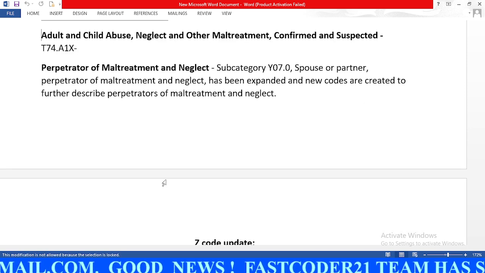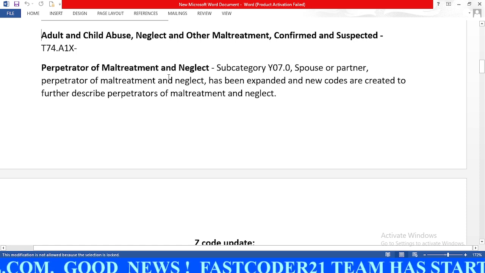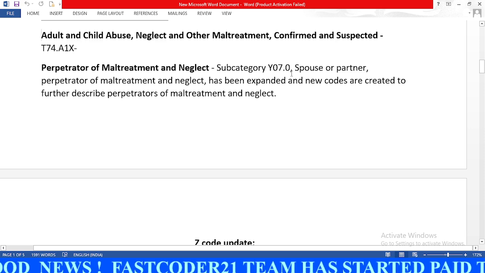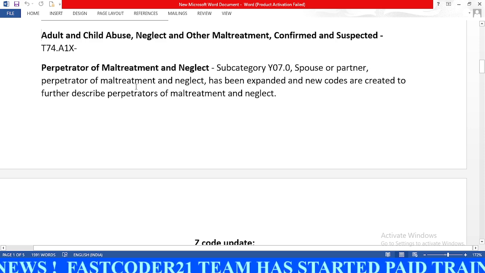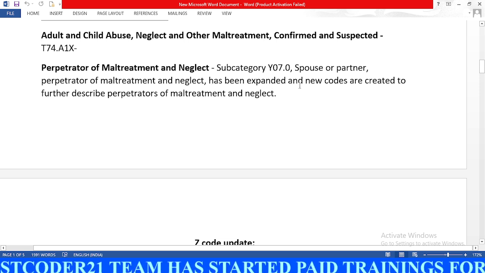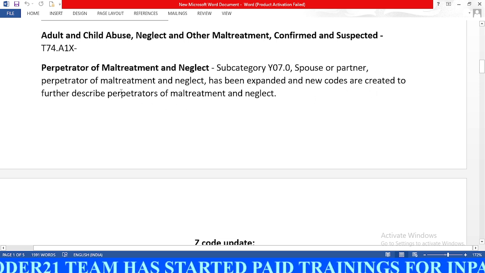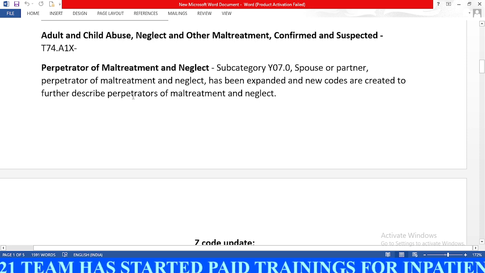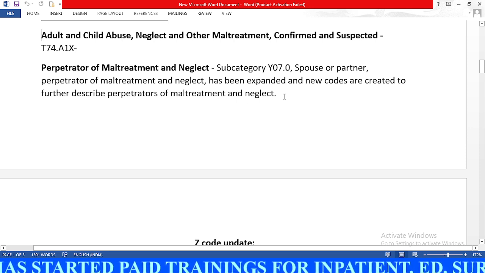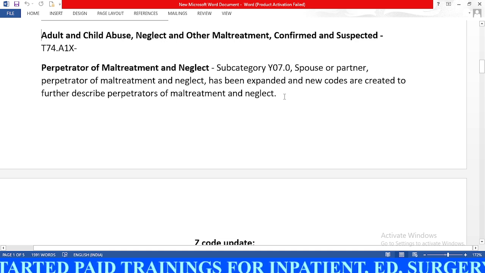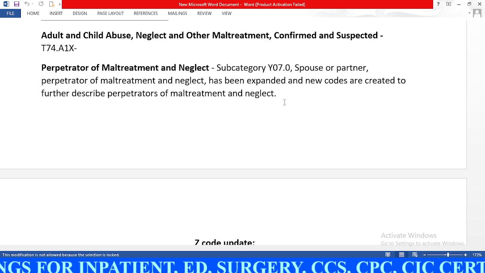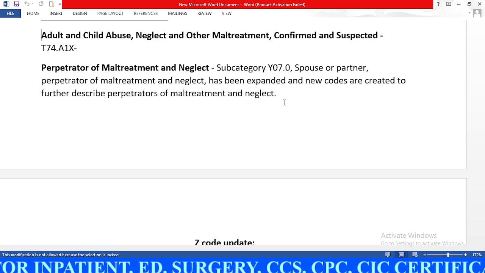Next, we have perpetrator of maltreatment and neglect. Here, subcategory Y07.0, spouse or partner, perpetrator of maltreatment and neglect, has been expanded and new codes are created to further describe the perpetrator of maltreatment and neglect. So the Y07.0 series has been expanded.